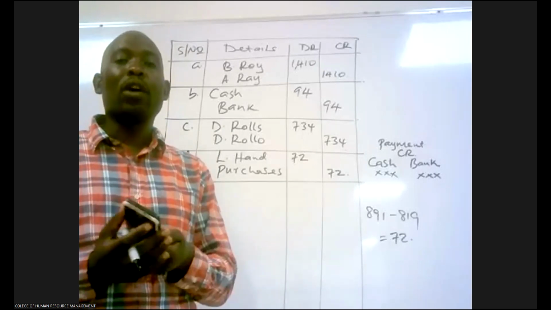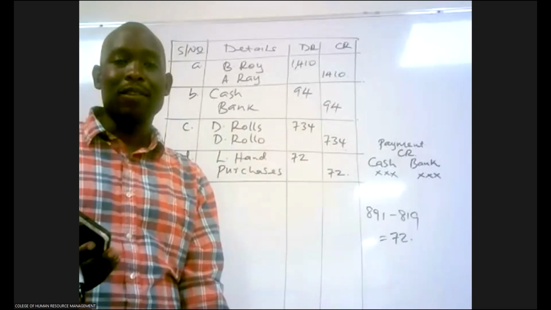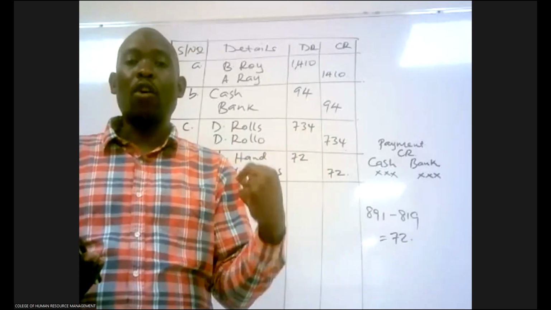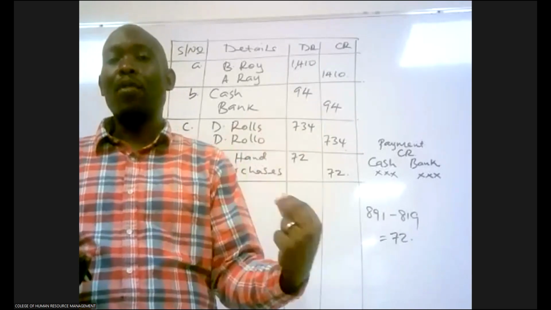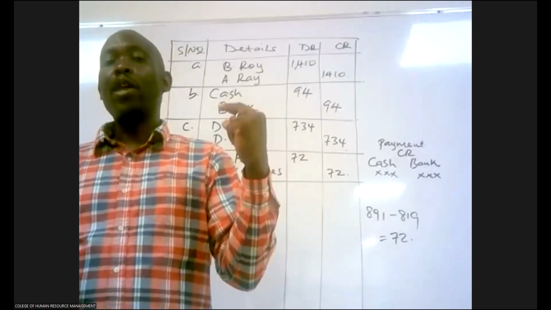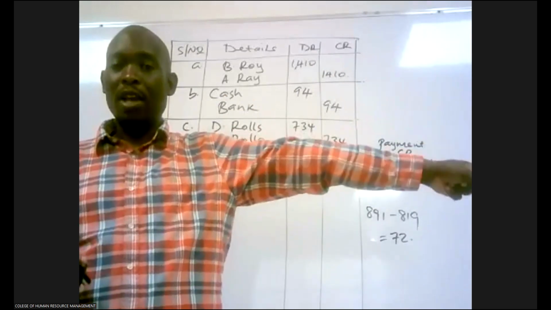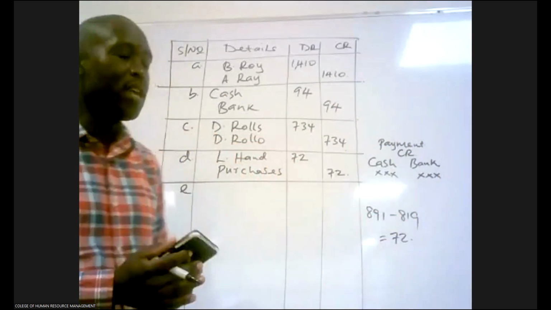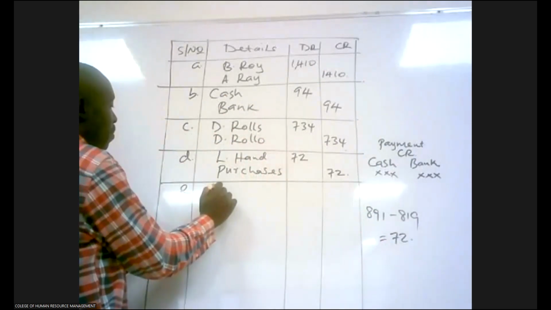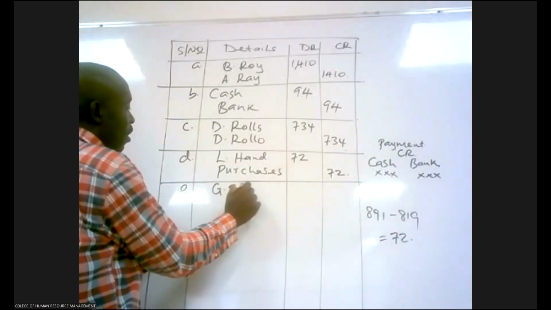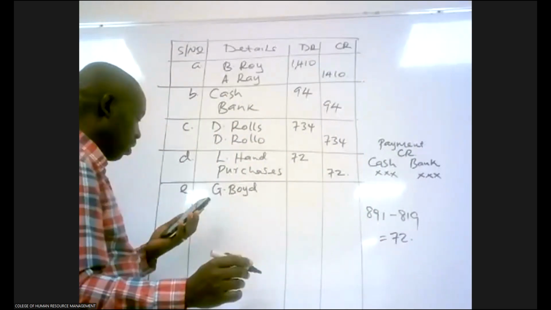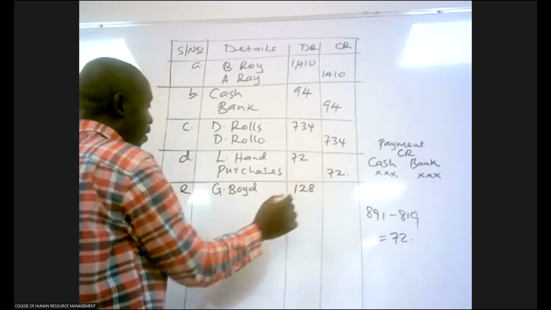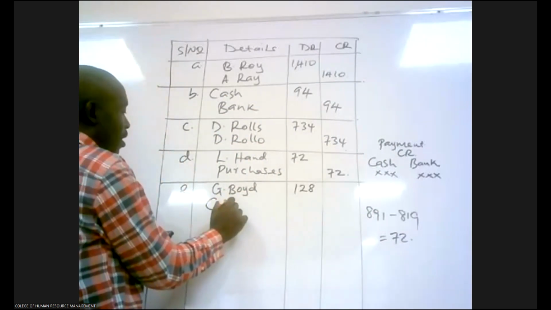The only problem is we recorded on the opposite sides. So we should record on the correct side, but double the amount. The reason is we are canceling the wrong entry and then posting it on the correct side. So here, the account that was supposed to be debited is G Boyd. The amount is 64 times 2, 128. Then you credit and write here the cash.